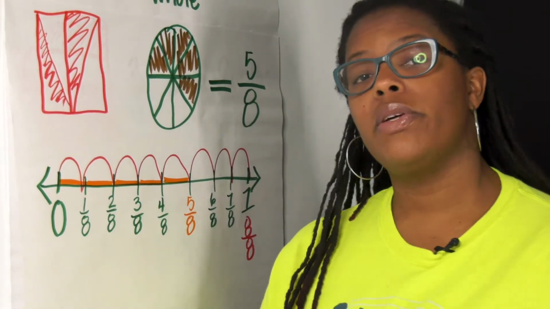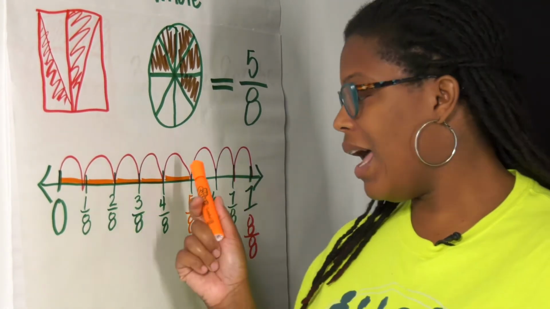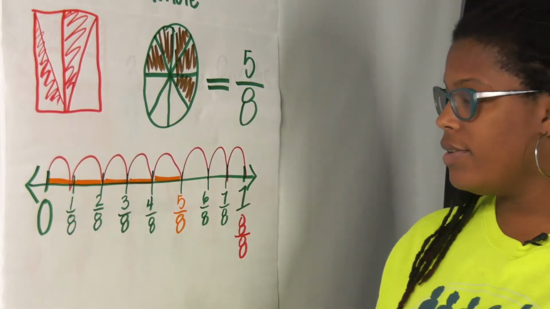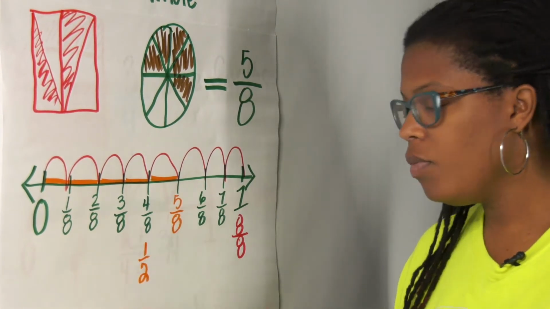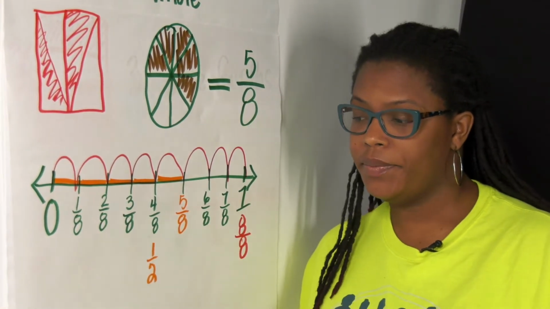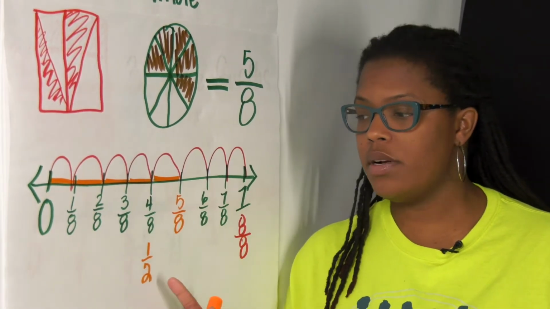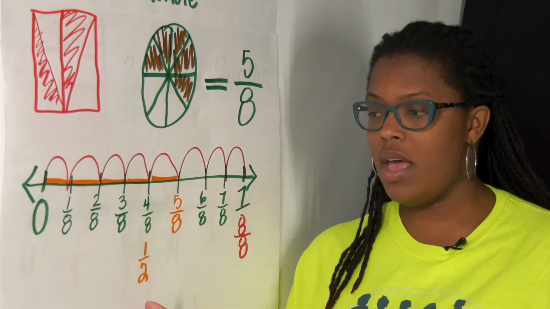If I add 4 plus 4, 4 plus 4 equals 8. So I now know that half of 8 is 4/8. So 4/8 would also be my 1/2 mark. 4/8 is equivalent, that's the word we learned yesterday, to 1/2.